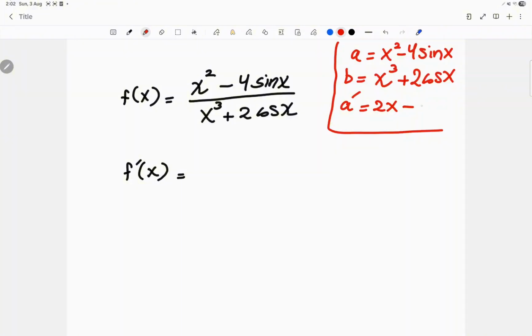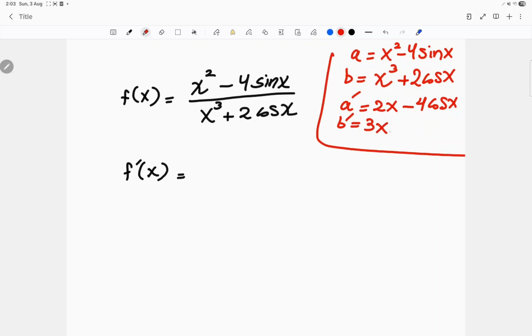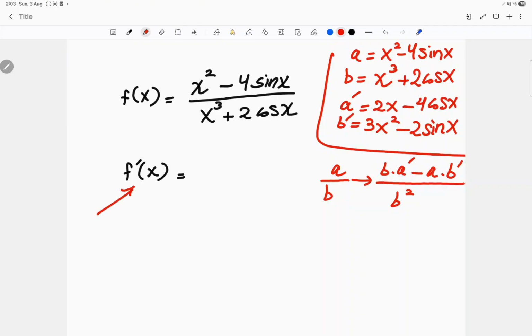It's 2x minus 4 cosine x. How about the b prime? Minus 2 sine x. Now, do you guys recall the quotient rule? A over b becomes b squared, b times a prime minus a times b prime. Apply the quotient rule to find f prime of x.